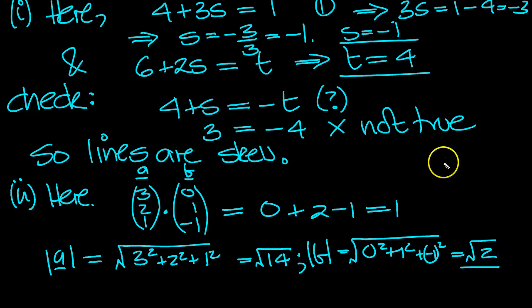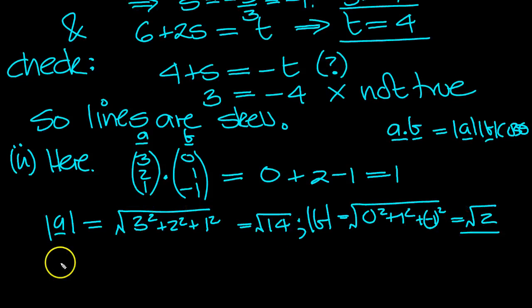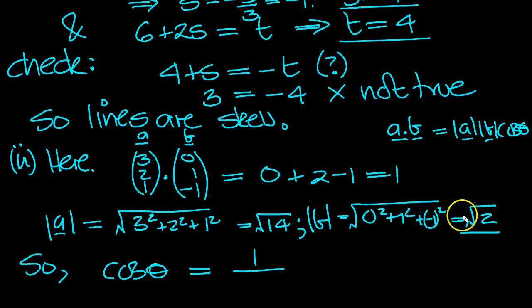From the cosine formula, a dot b is equal to the modulus of a times the modulus of b times cosine theta, the angle between them. So cosine theta will be a dot b, which is 1, divided by root 2 times root 14.